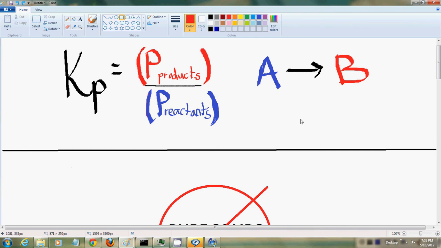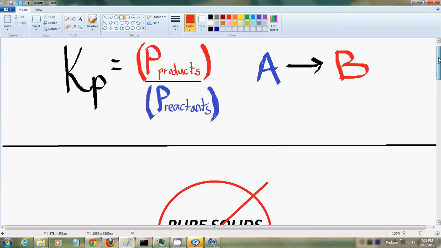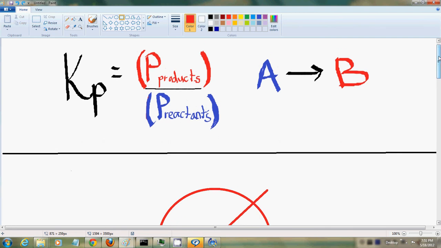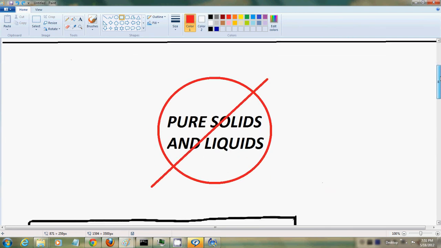Except for one thing. You need to remember one important aspect of writing K expressions, whether it be Kp, Kc, anything. And that is, never include pure solids and liquids in your K expressions.